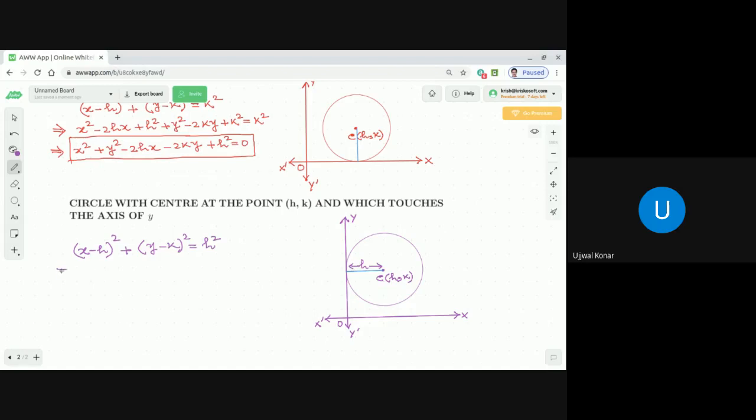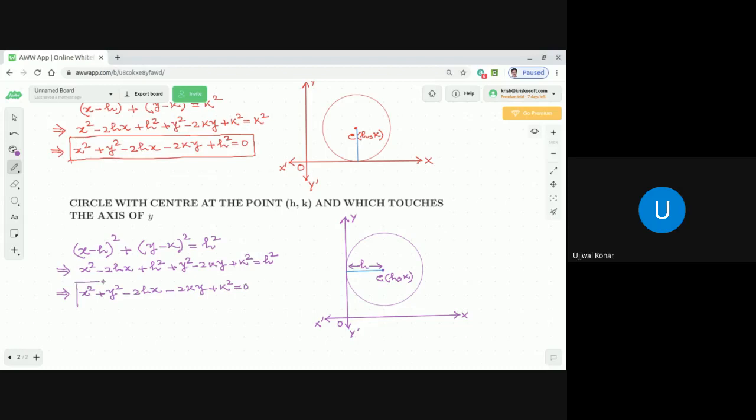That implies x square minus 2 into h into x plus h square plus y square minus 2 into k into y plus k square is equal to h square. Now h square on the right hand side gets cancelled with h square on the left hand side. So we get x square plus y square minus 2hx minus 2ky plus k square is equal to 0.